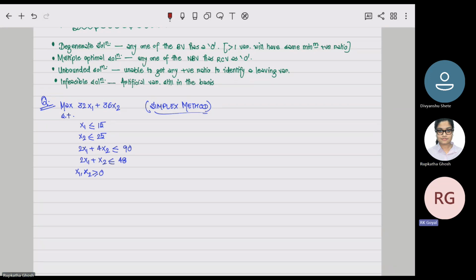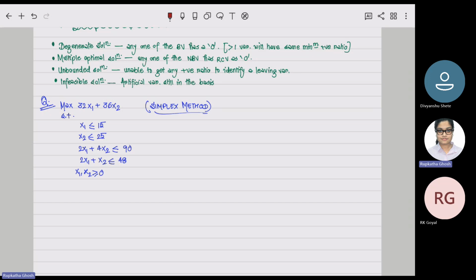I'll have to add 1, 2, 3, 4 slack variables, and the coefficient of all the four slack variables would be 0 in the objective function. And then we can draw the tableau and then keep on iterating the solution. Yes. Exactly. So you can try it out, okay?